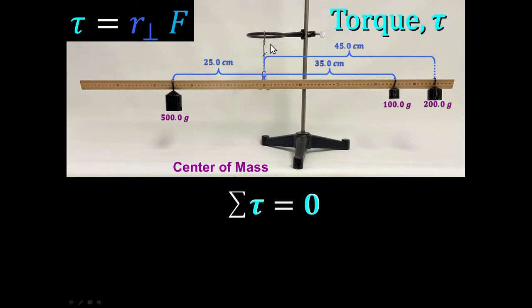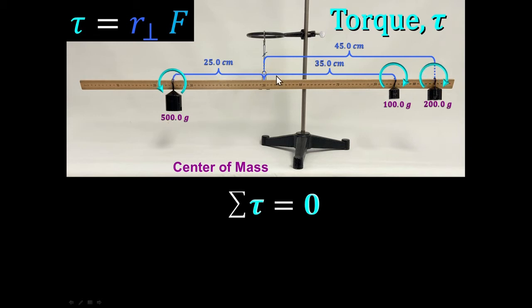So here I have two masses on this side balanced by 1, and it looks like it's just there in equilibrium. So let's check to see that the sum of the torques does equal 0. This here is a counterclockwise torque. It's positive, and this would pull this down, making it tend to rotate clockwise. So that would be negative, and that would be negative.